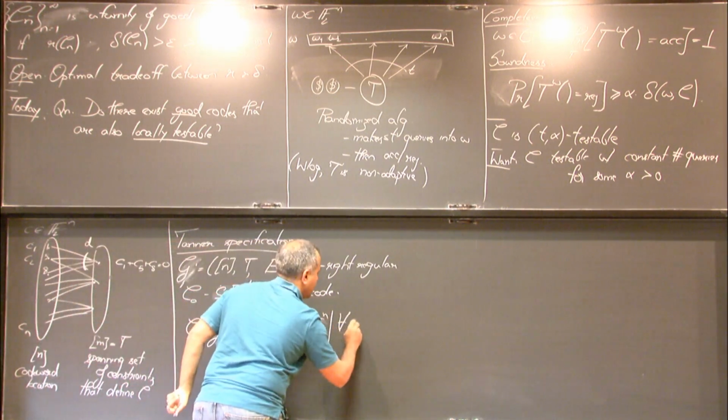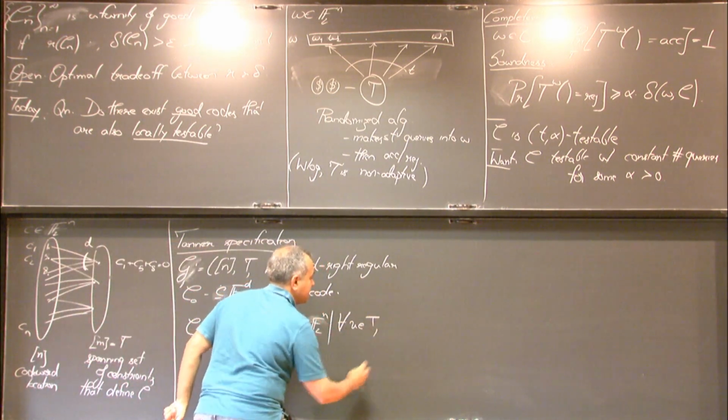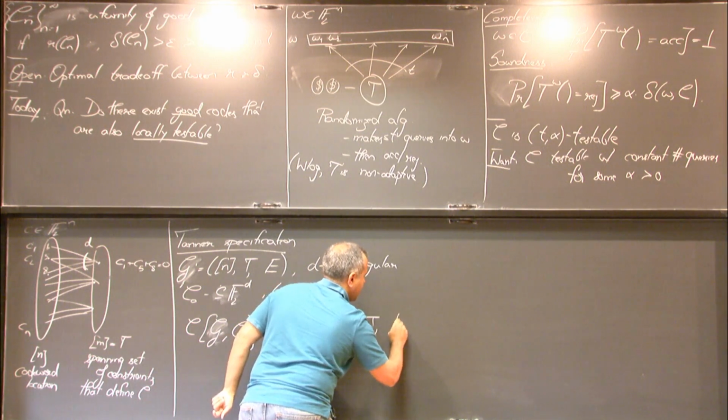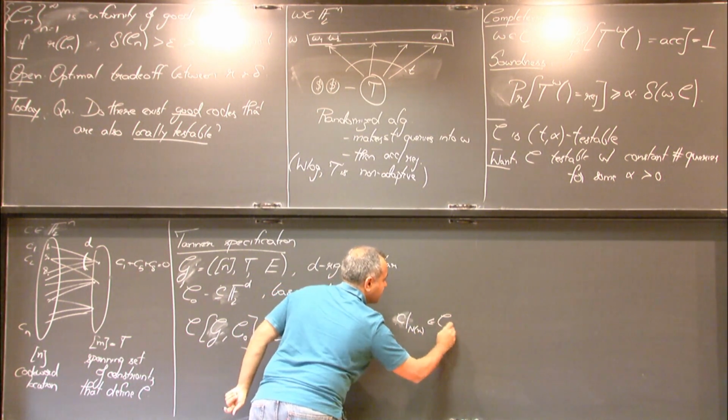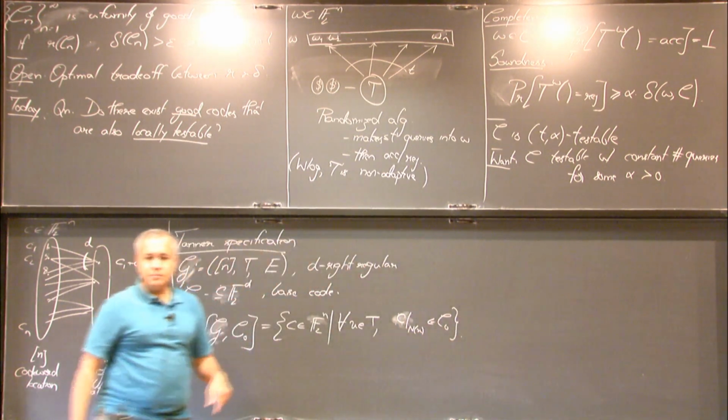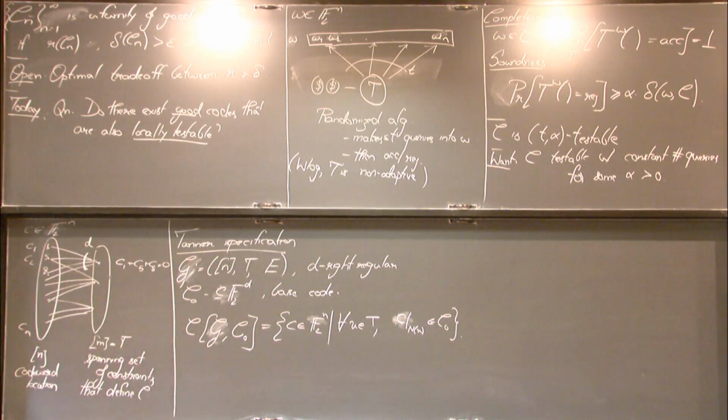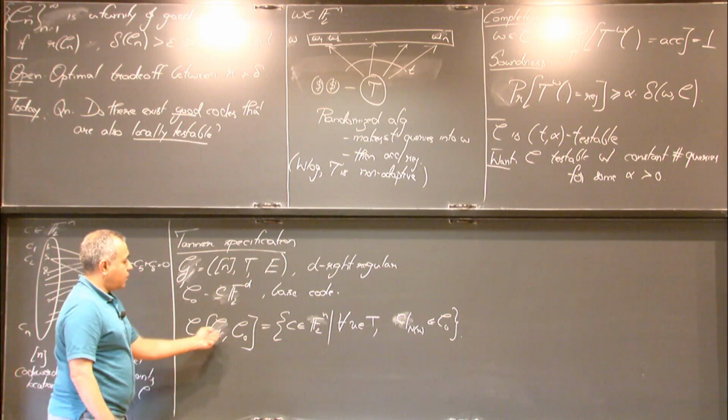So for all u in T, c restricted to the neighborhood of u is a member of C naught. Every code has this nice form. This is called the Tanner code corresponding to this.